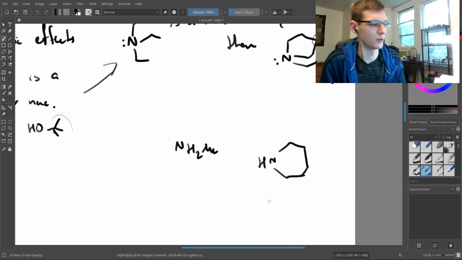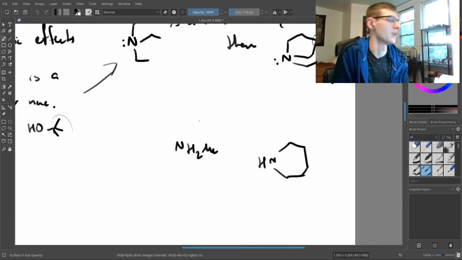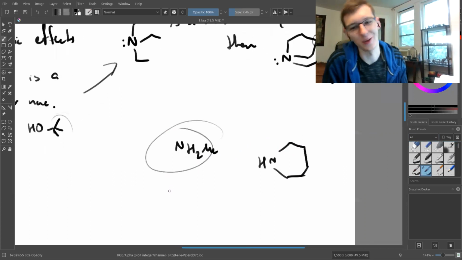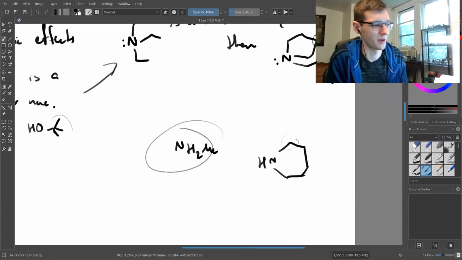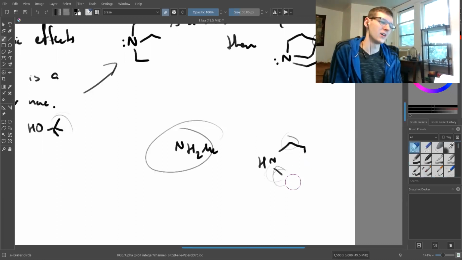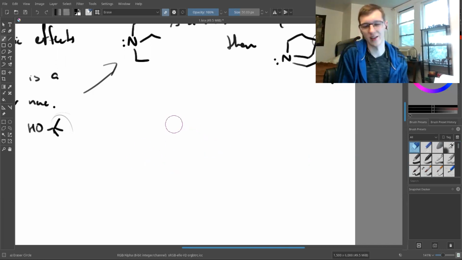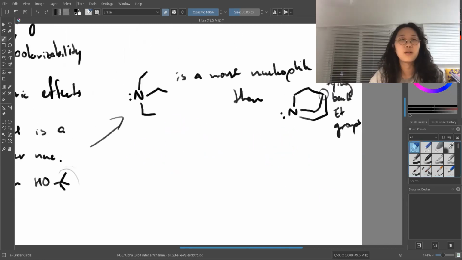Nobody's going to ask you to compare these two because how do you actually? Okay, so this one would be better. We kind of know that, right? Because this is essentially like a methyl, except there's just bigger stuff elsewhere too. But in general, they try to keep examples as just one effect at a time. Okay, thank you.